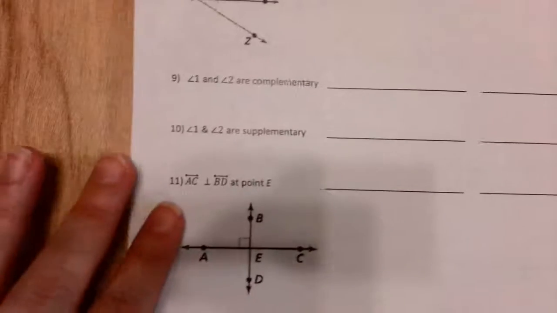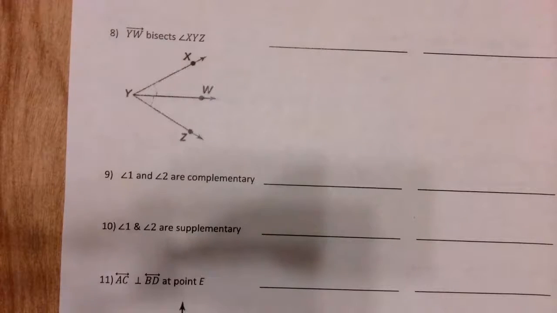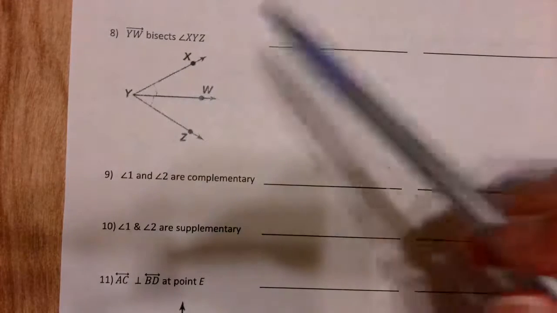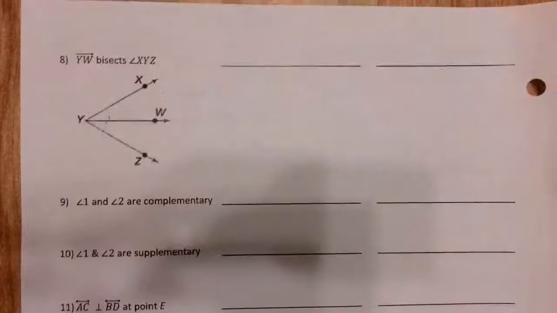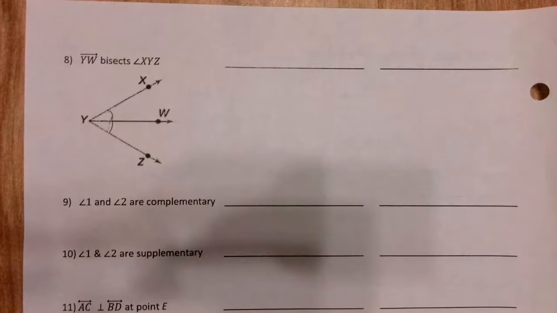Continuing on the back. Ray YW bisects angle XYZ. What does that tell us about the picture? Well, what does bisect mean? Bisect means to cut into two congruent pieces.